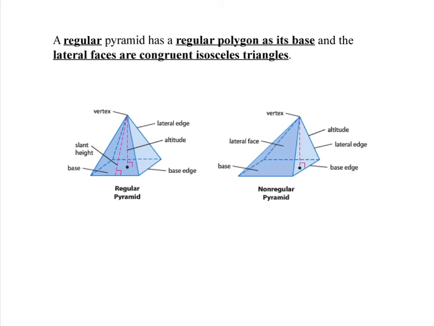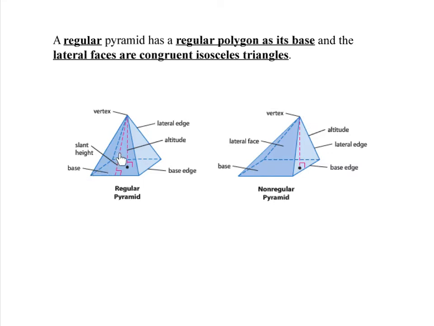Okay, lots of parts to a pyramid. A regular pyramid is a pyramid whose base is a regular polygon, so all of its lateral faces are congruent isosceles triangles. This is a regular pyramid. This is a non-regular pyramid. The top of any pyramid is called the vertex.